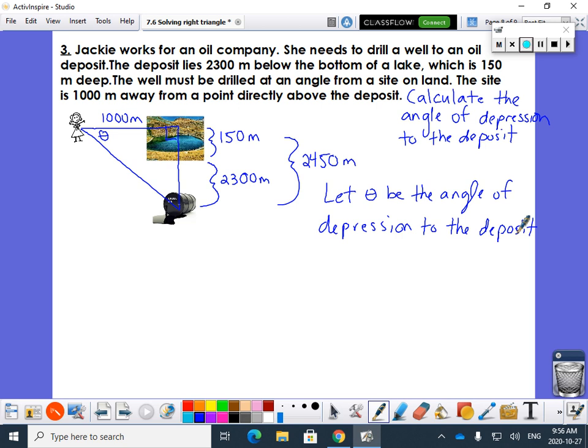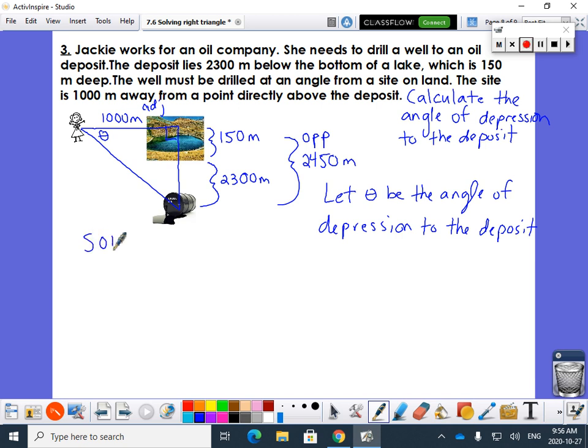Okay, so if we want this, we have this, which is which side? Good, so I'm just going to put that right here. And then this is height, so this must be opposite. If this is height, then this one over here we also have adjacent.